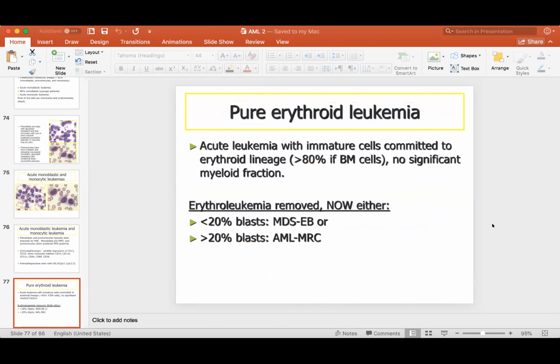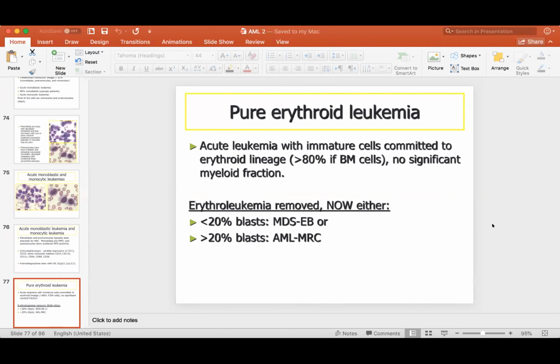Next is pure erythroid leukemia. So this is when the erythroid lineage constitutes more than 80% of the bone marrow cells. This is called pure erythroid leukemia, and it's positive for the erythroid markers. We used to have something called erythroleukemia, where we used to count the number of myeloid precursors or myeloblasts to the number of erythroid precursors and try to fit it into this category, but we don't have that anymore in the new WHO classification.